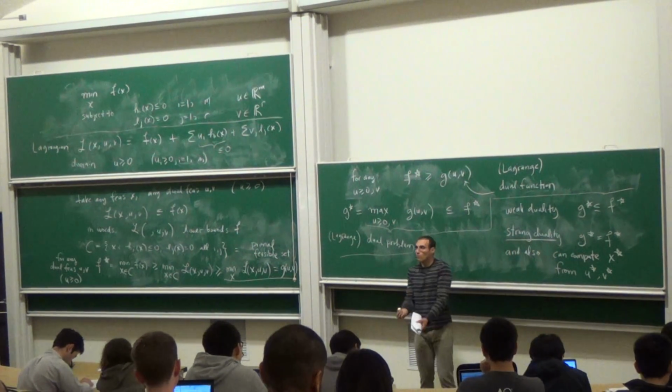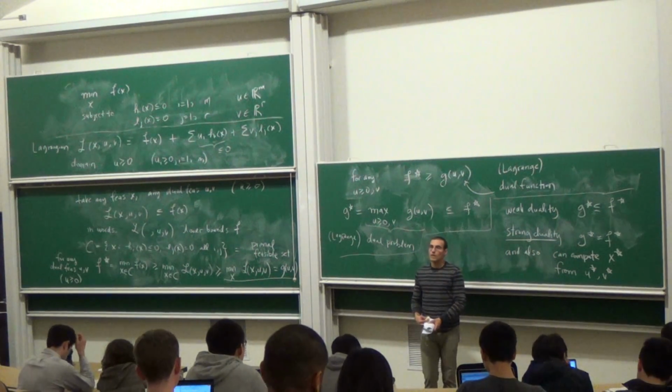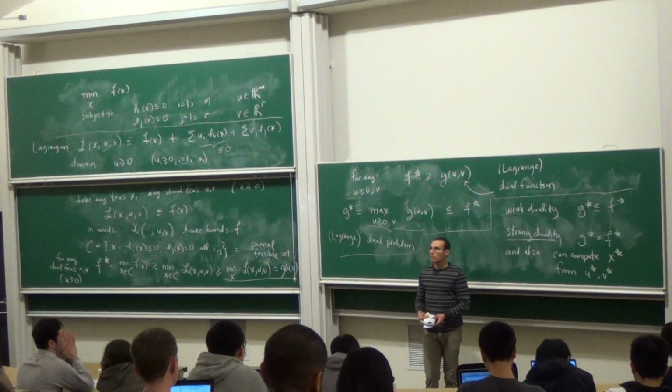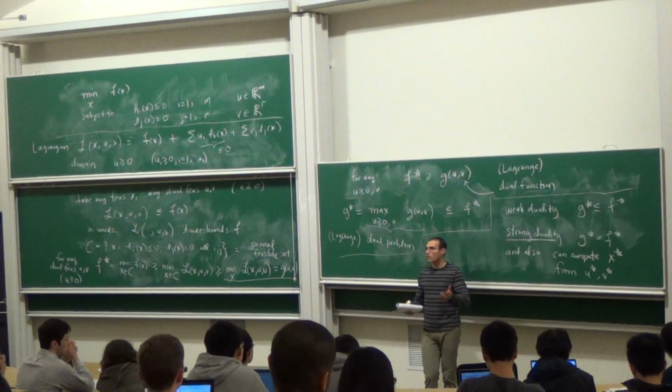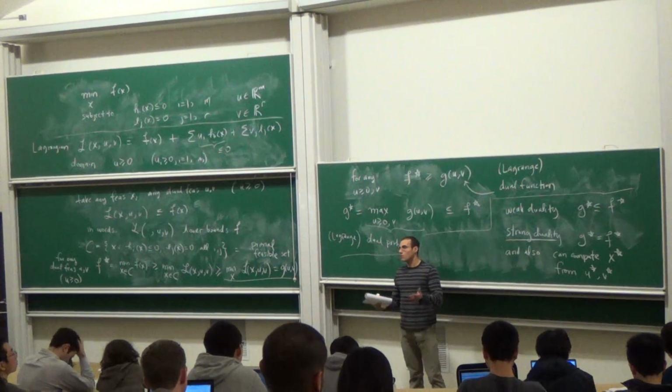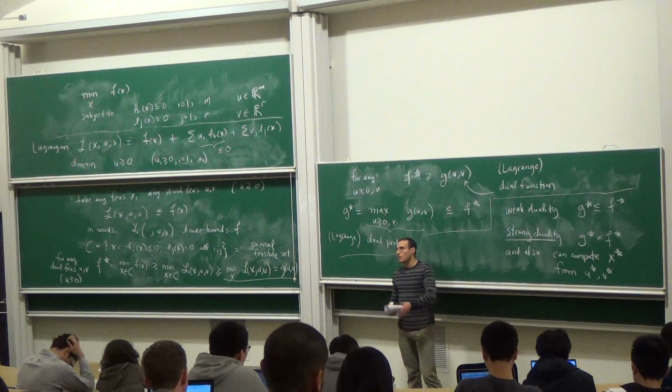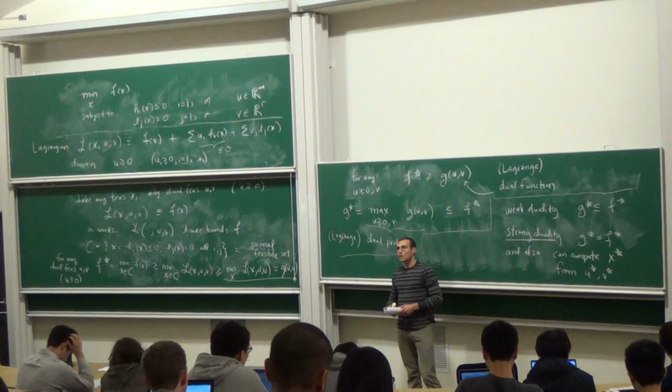So if I can form the dual problem, and I can solve it, then it gives me the primal solution. Now, it's not always the case that the dual problem is easier to solve than the primal, or that it's possible to even form it. But it gives us a second shot at solving the problem.